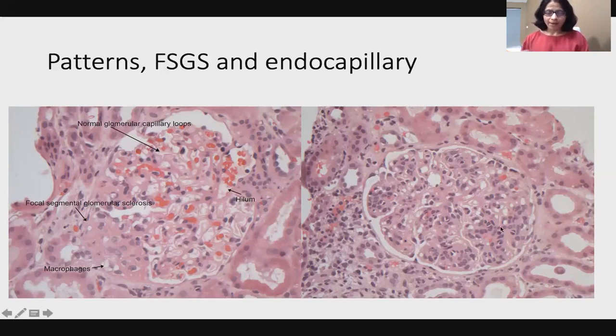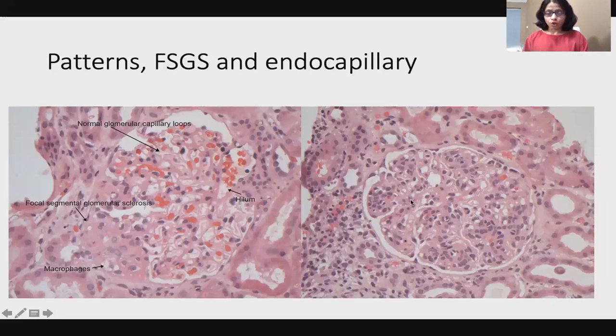Next, on the right-hand side, you have the endocapillary or the membranoproliferative pattern. In this pattern, you have proliferation which is both endocapillary and mesangial. We look at the mesangium, and there are more than 4 cells lying next to each other, which is abnormal.